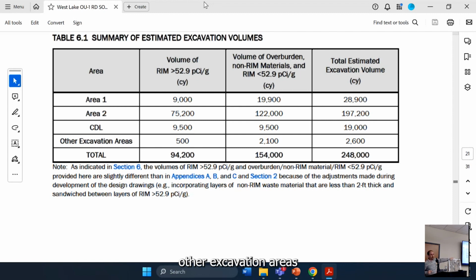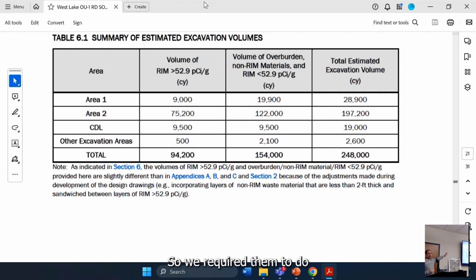And then we have these other excavation areas. You see they're small. This is discussed in the plan. No model is perfect. There are some borings at the site that are away from the main excavation areas that are surrounded by other borings that do not have RIM greater than 52.9. But one single boring will have a sample or a short interval in it that exceeds 52.9, and that isn't showing up in their model as something that they need to dig.